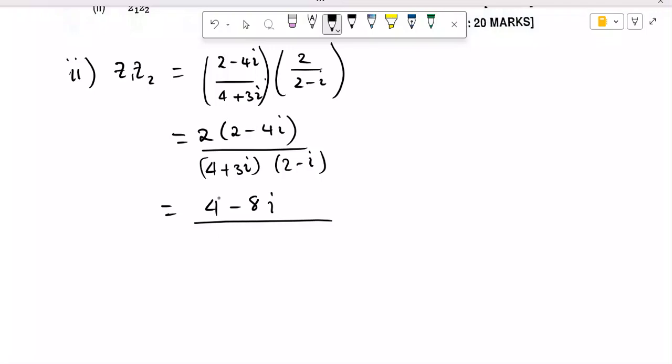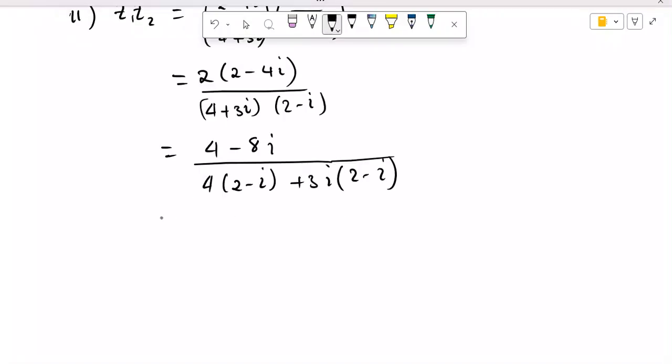Okay, then here you decompose it, 4 by (2 minus i) plus 3i by (2 minus i). So I'm decomposing this one, 4 by everything here, this by everything here, by 2 minus i. Okay, so you have 4 minus 8i over 4 by 2, which is 8, minus 4 by i, 4i.